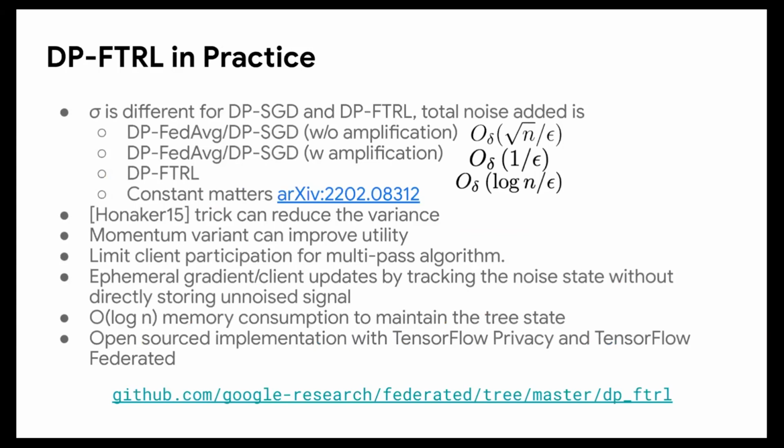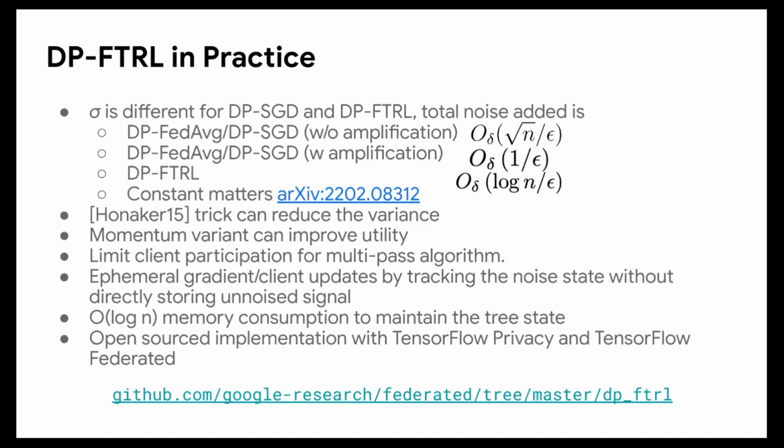In practice, when we apply this algorithm, we also consider other tricks. One is the Honaker trick to reduce the variance. And then we use momentum for optimization. And a very important one is that when we have a multi-pass algorithm, basically if a client will participate several times, we limit the number of client participations to get a strong differential privacy guarantee.